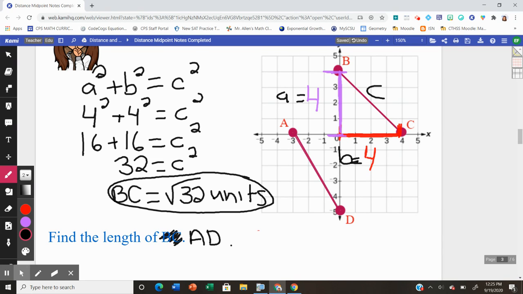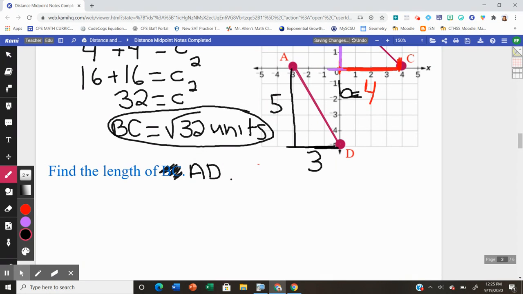So for AD here, we again want to find the difference in the x values, which it looks like is 3 units. We want to find the difference in the y values. So 1, 2, 3, 4, 5 units there. So if we're going to plug these lengths into the Pythagorean theorem, I end up with 3 squared plus 5 squared equals c squared.